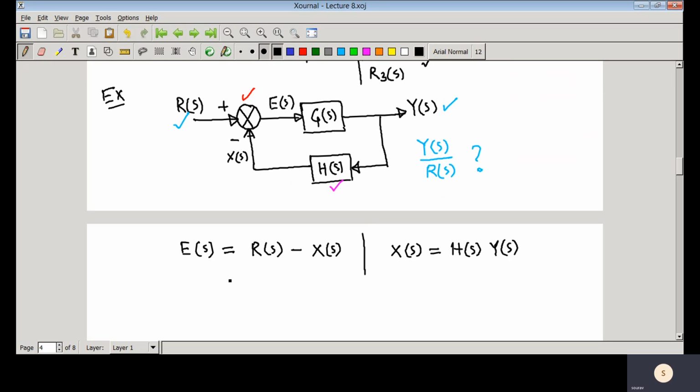So now if you replace it here, you'll get R(s) minus H(s)Y(s).